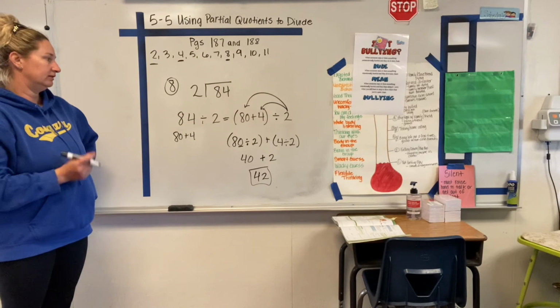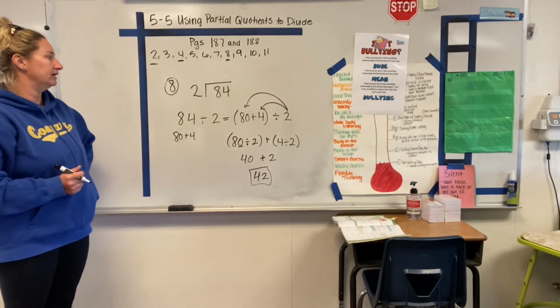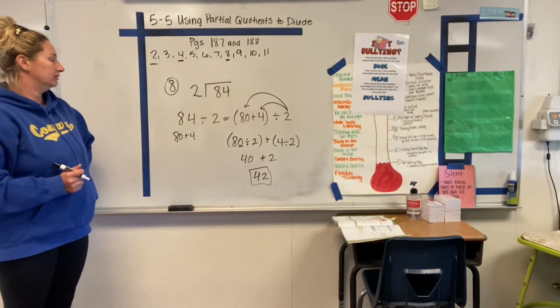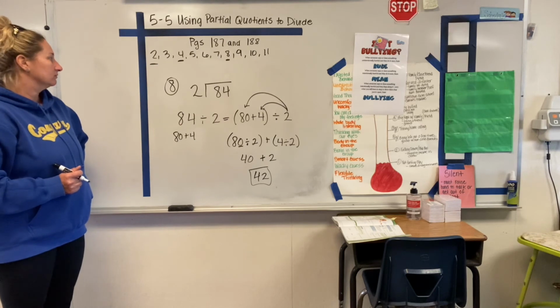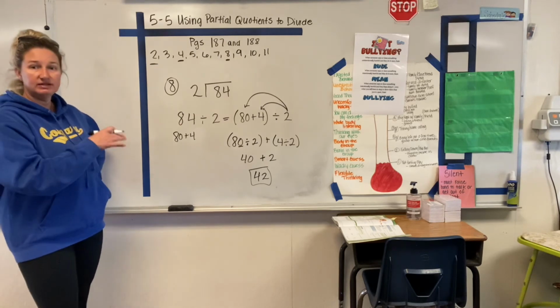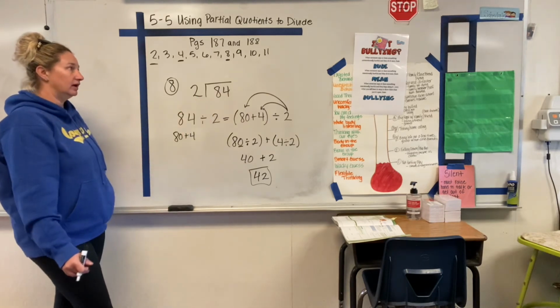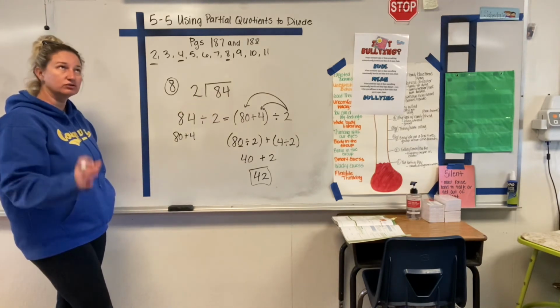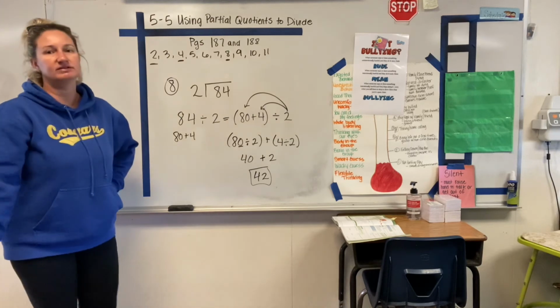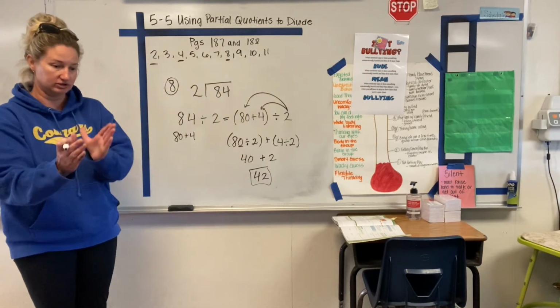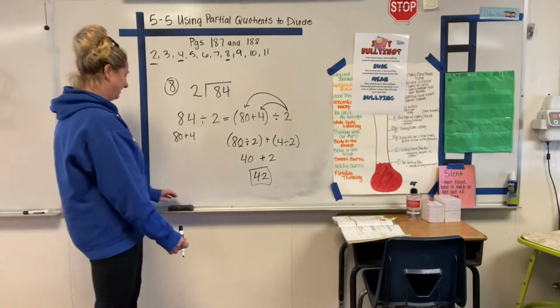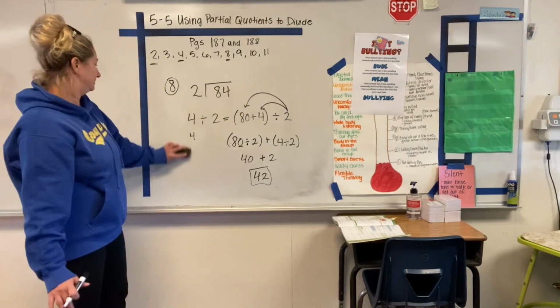Okay, so that's using the distributive property. You guys can write that down. You can pause it, write it down. I'm going to erase it, and I'm going to do this problem using the partial quotients. I hope I haven't been saying partial products. It's partial quotients, okay, because we're doing division.